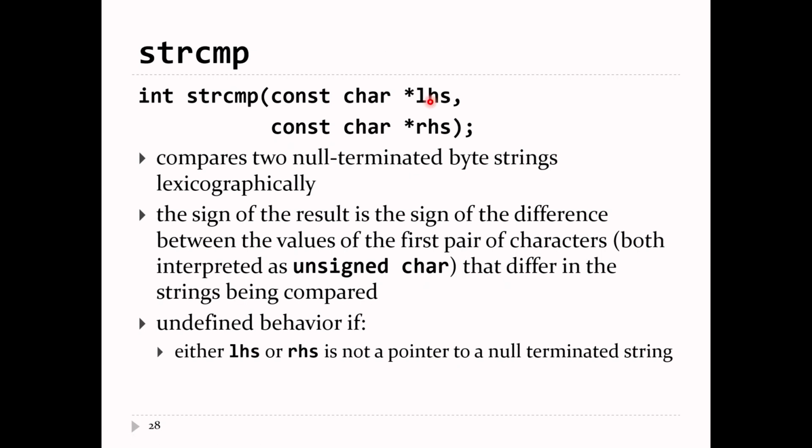If the left-hand side comes after the right-hand side string in the dictionary, then you get back a positive integer value. The integer value does give you some information. It's not always used. It tells you the difference between the two characters where they first differ in the strings. Of course, these are C-style strings, so again, they have to be null terminated. If they're not, anything could happen. The dreaded undefined behavior.